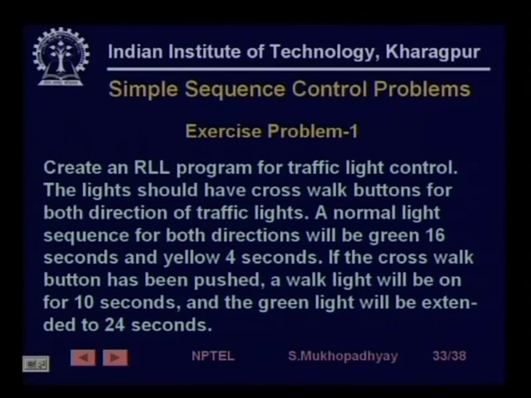If the crosswalk button has been pushed, then a walk light will be on for 10 seconds and the green light will be extended to 24 seconds. So, this much of description is only given.